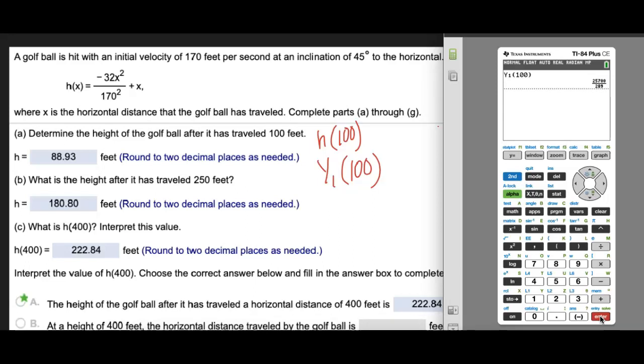But what I could do to change that is press math and then select number 2. That's going to change my answer to a decimal form. Notice it brought up the previous answer. I did not have to retype that fraction answer. I just immediately went to math and selected number 2, and now it's changed it to a decimal form.